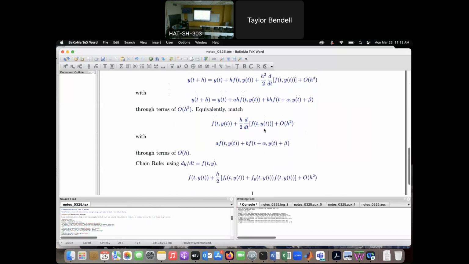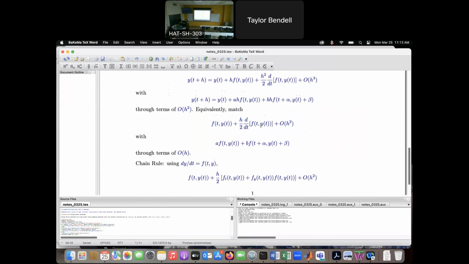So what I do is, for this first expression here, I go ahead and carry out the differentiation of this whole expression, f of t, y of t. So both arguments depend on t. And that's why when I take a derivative of this whole thing with respect to t, I end up with the partial derivative of f with respect to t over here, and then partial f with respect to y here.